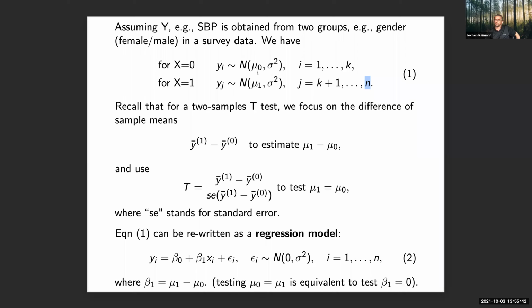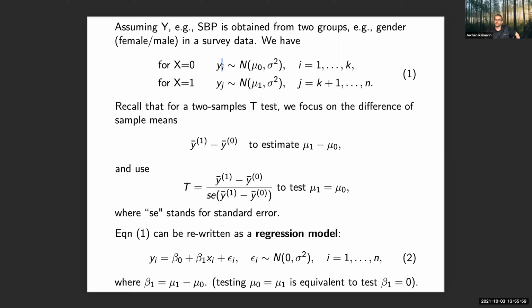Just to make sure that we're on the same page, here we have mu 0 and mu 1, which essentially are the mean in group 0 and the mean in group 1. And then we have the variance, which is considered to be identical for both groups.